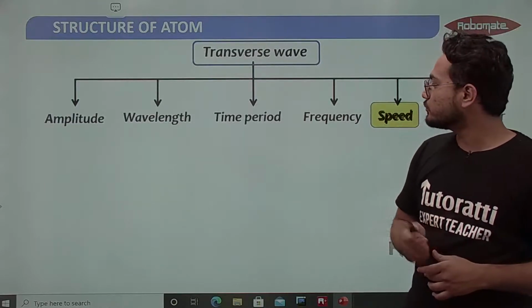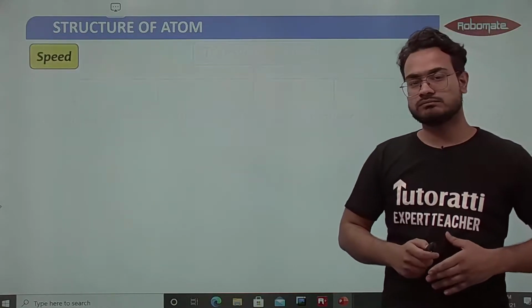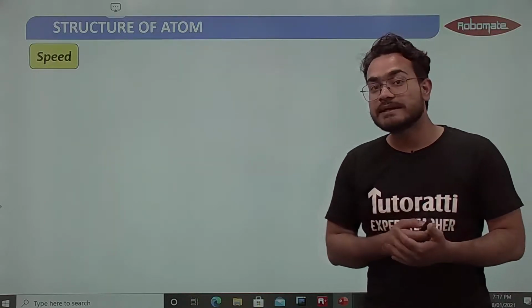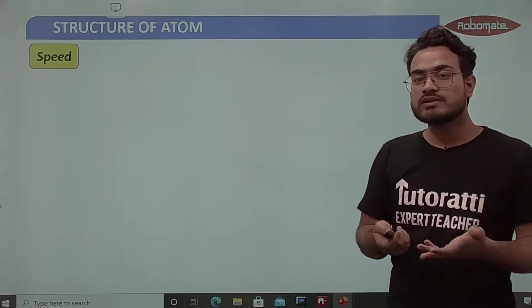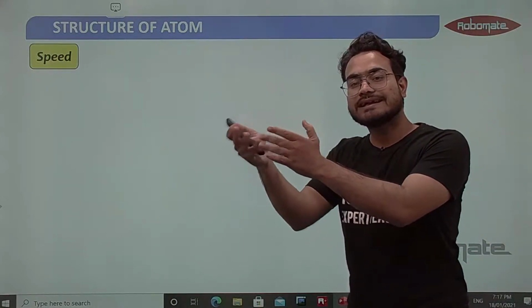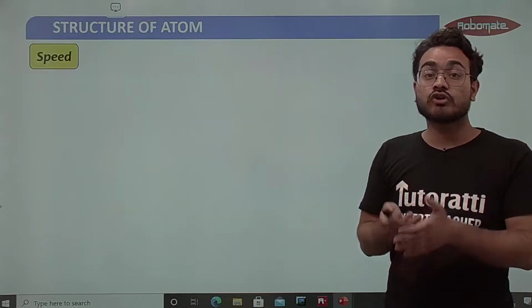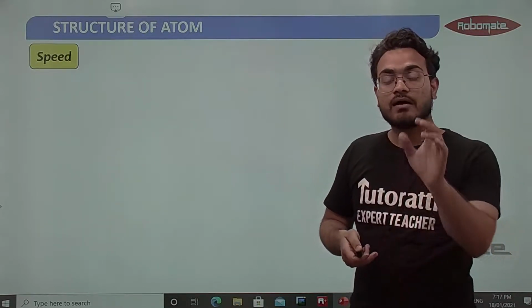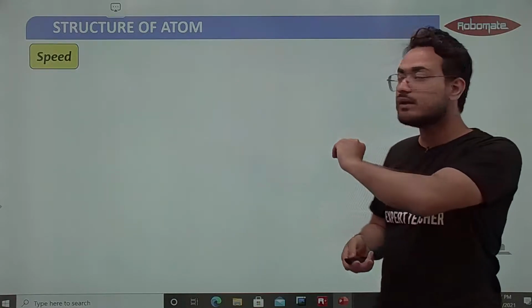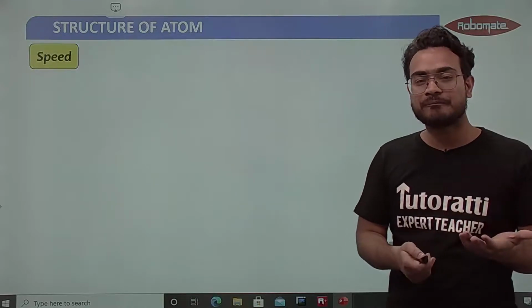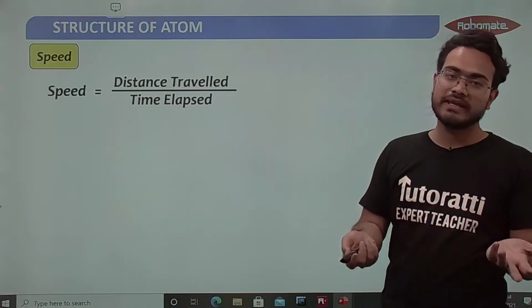The next point is speed. What is speed? How can we calculate speed of a wave? Speed means the length of the wave divided by the time period, or the time taken by the wave to complete that length. Length is in the form of lambda, and the time period is t.